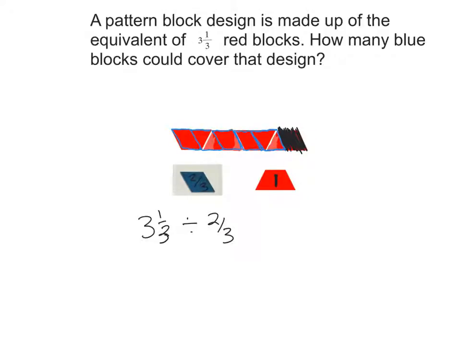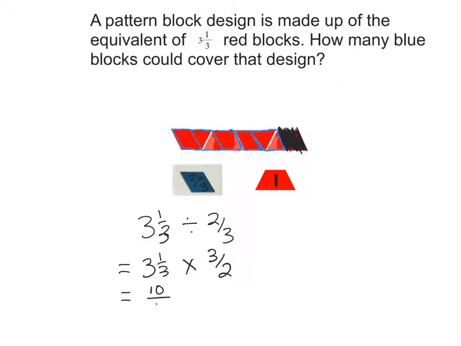We have learned that if you multiply by the reciprocal, you should get the same answer. In order to do this multiplication, we need to have everything not as a mixed fraction, but as an improper fraction. So 3 times 3 is 9, plus 1 is 10.